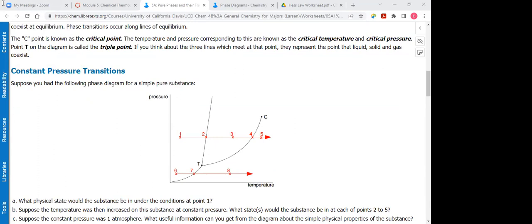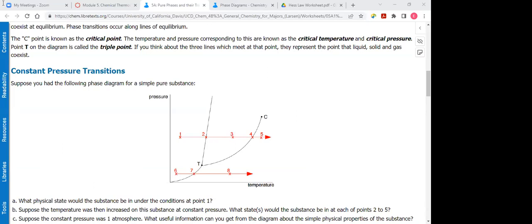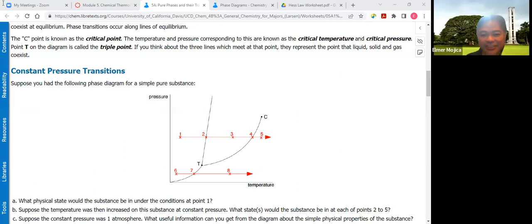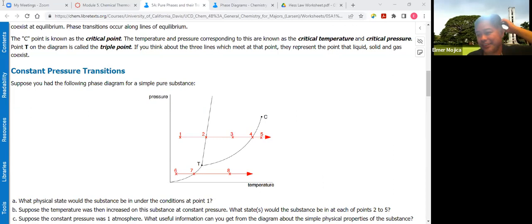Liquid and gas. And number 5? Gas. Okay. And then number 6? Solid. And number 7? Solid and gas. And number 8? Gas. Those are the kinds of questions. Are you ready? You can answer those now.